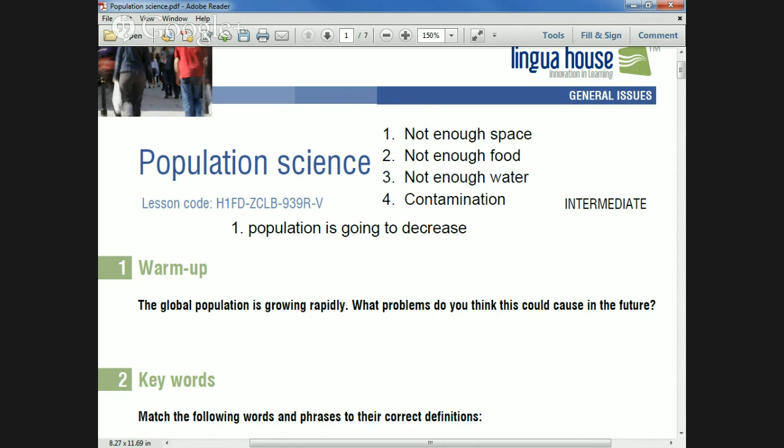So contamination. Okay. And Juan Carlos, what do you think? I agree. Of course, we don't have enough resources, any kind of resources. So the more people, the fewer resources to share. And there are a lot of people, mainly very poor people, who don't mind, because they have a lot of babies.